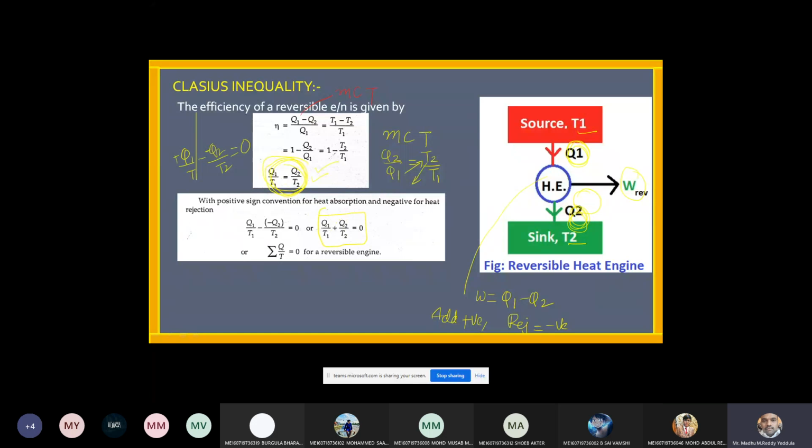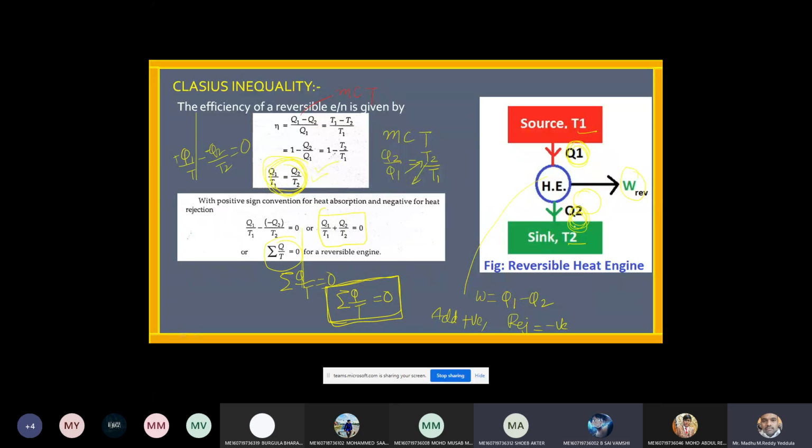In summation form, I can write summation of Q by T is equal to 0. This is applicable for a reversible engine. It is a very, very important relation, and in the next topic, entropy, we are going to define it from here. So for a reversible process, the summation of heat by temperature is equal to 0. Clear this one?